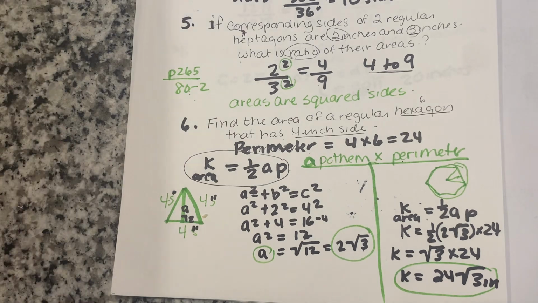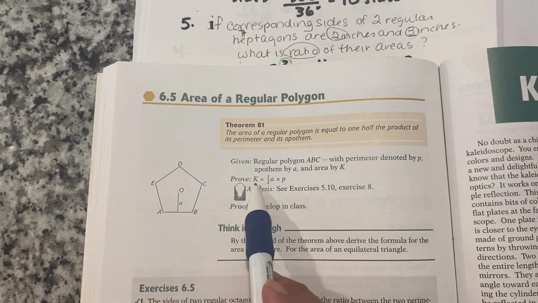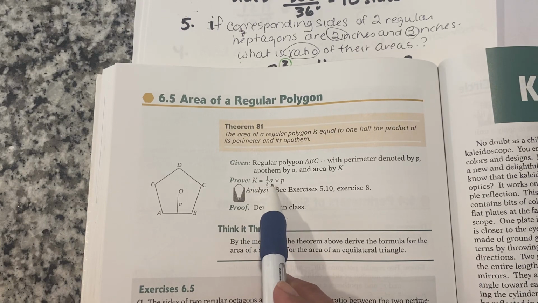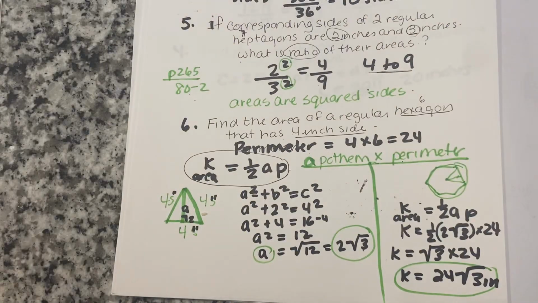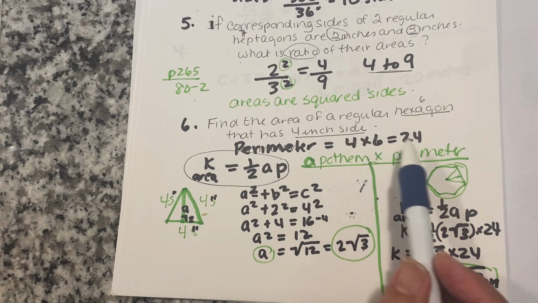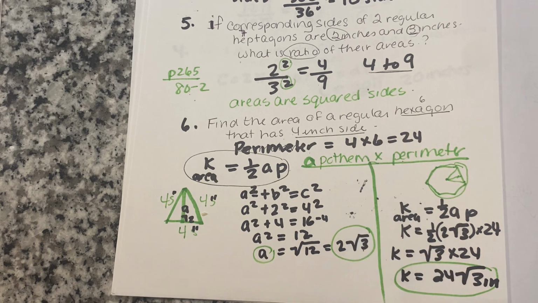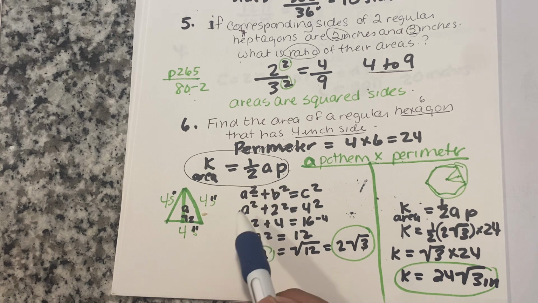Right here's the formula in your book that we're talking about. The formula is area equals 1/2 the apothem times the perimeter. Remember that one? With this regular hexagon that has a 4-inch side, we're going to find the area. First of all, we can use this formula, we need to know the apothem and we need to know the perimeter.